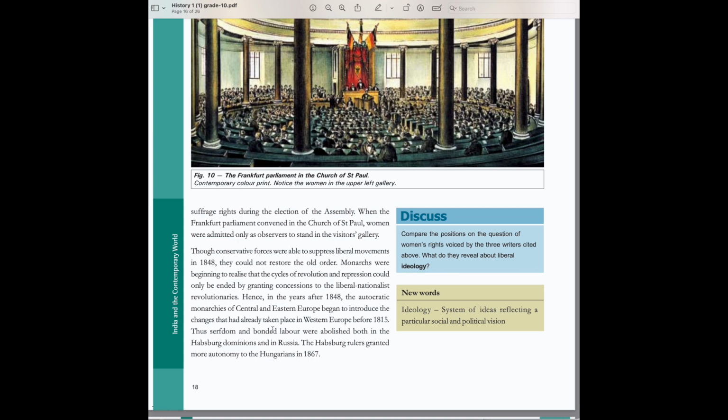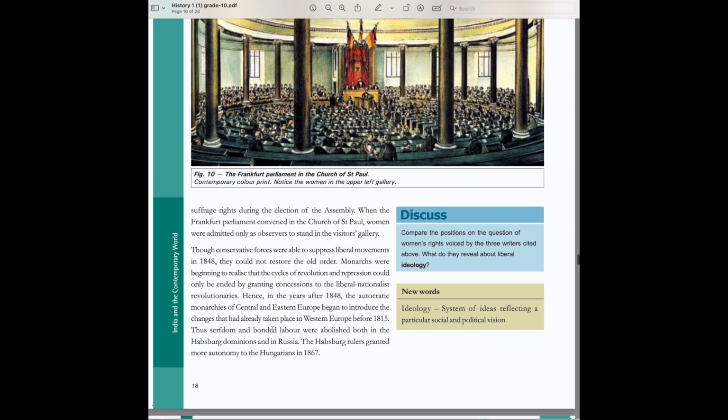Hence, in the years after 1848, the autocratic monarchies of Central and Eastern Europe began to introduce the changes that had already taken place in Western Europe before 1815. Thus, serfdom and bonded labor were abolished both in the Habsburg dominions and in Russia. The Habsburg rulers granted more autonomy to the Hungarians in 1867.